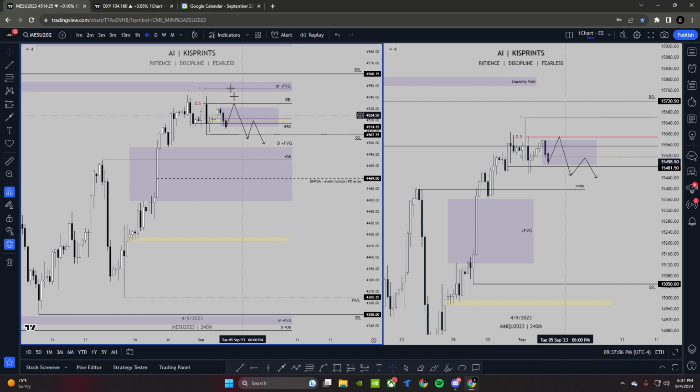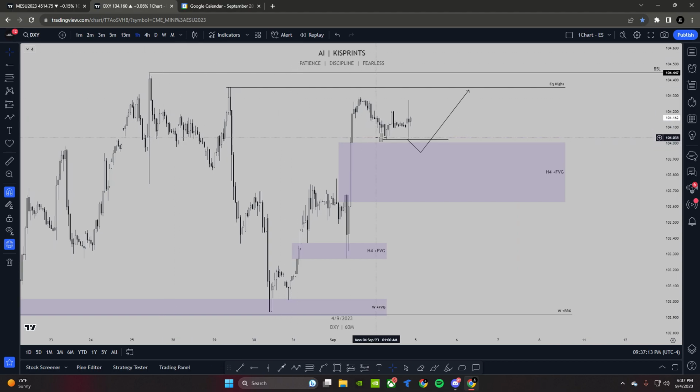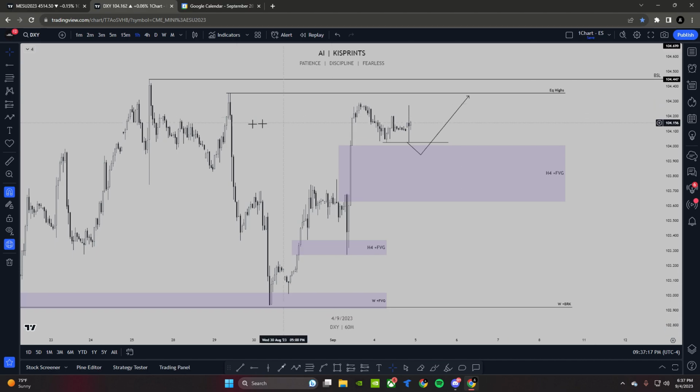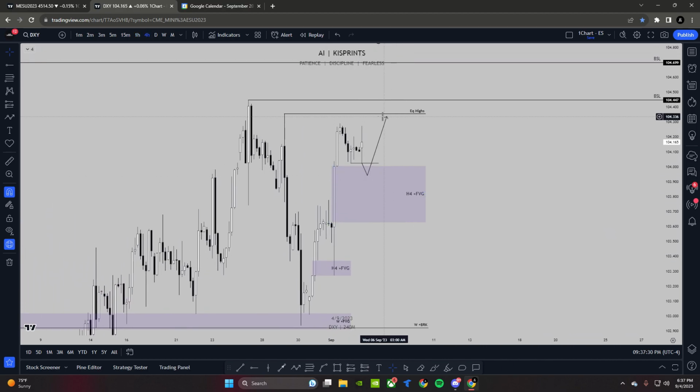But just to sum it all up, for you guys that maybe joined and missed a few things: bullish on the dollar, long term, targeting these equal highs right here, targeting buy side liquidity, but we want to see a PD array get tapped into. So retracement for our fair value gap, which is right here, get tapped into, eventually displacing higher.